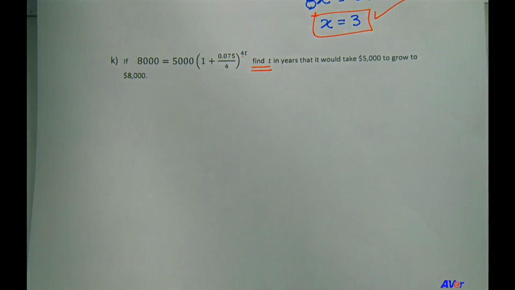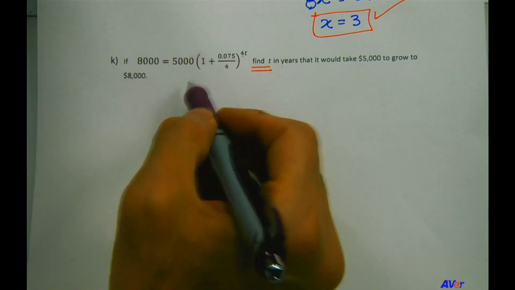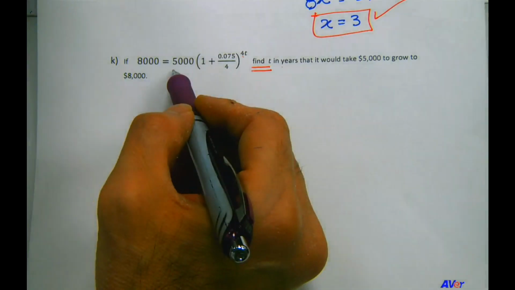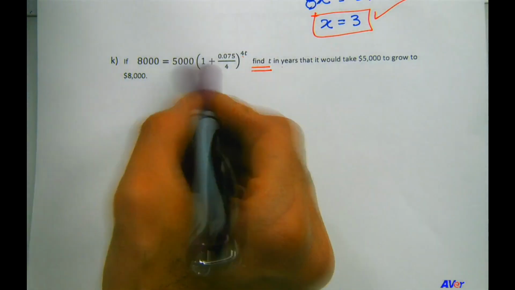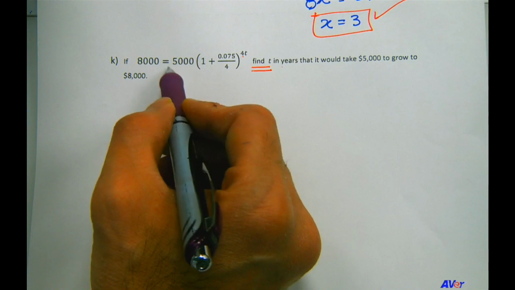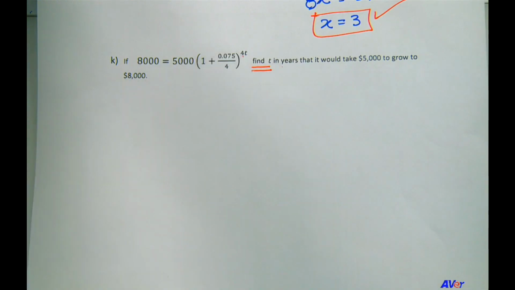So we know at some point along our solution, we need to involve the log or natural log functions. But to begin with, the first thing we want to get rid of, as our objective is to isolate t, is this 5,000. So divide both sides by 5,000.